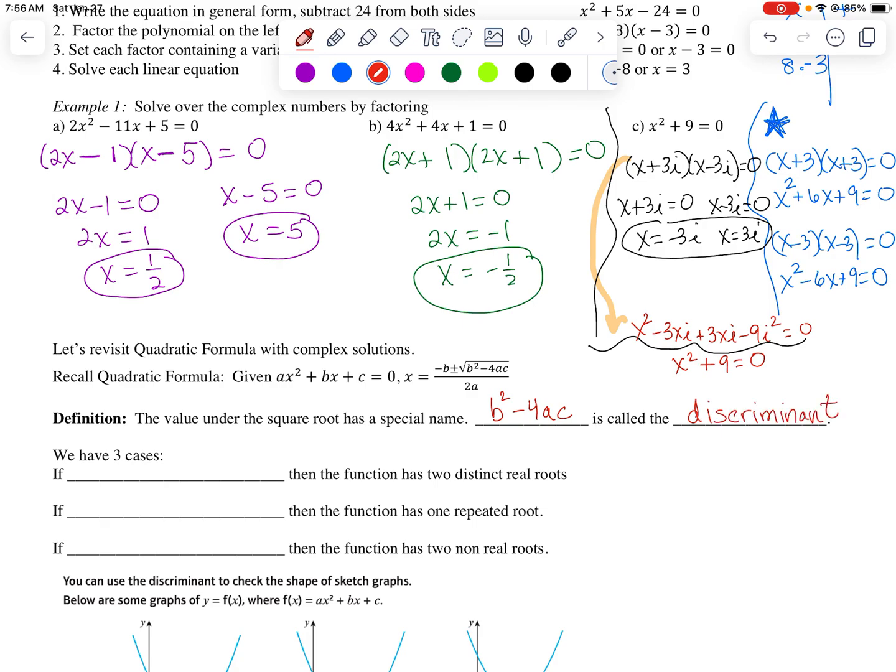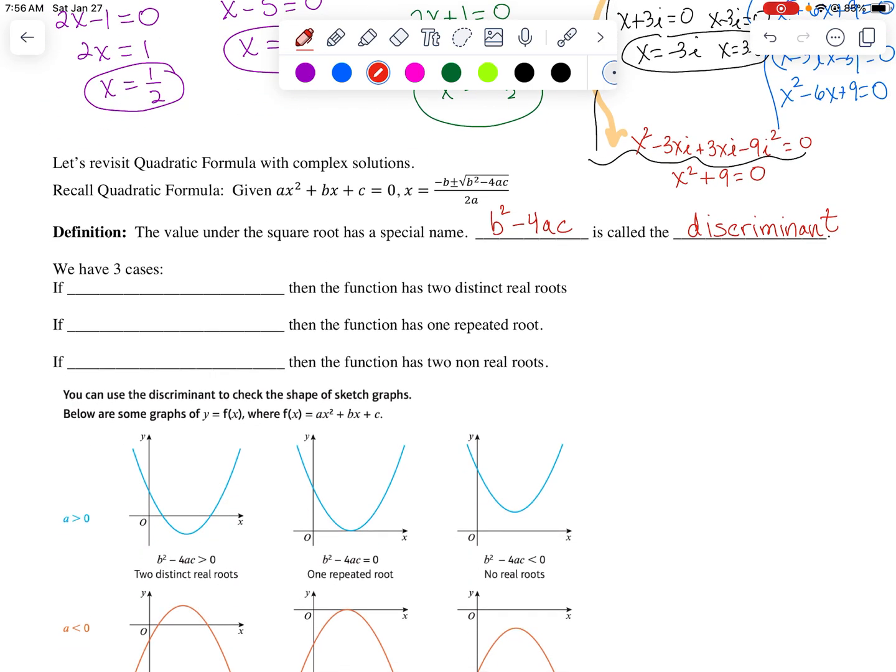You did do this in Algebra 1, so we might have to get the cobwebs out here. But there are three cases. If b squared minus 4ac is positive, greater than 0 means positive, then there are two distinct real roots. If b squared minus 4ac is exactly 0, then the function has one repeated root.